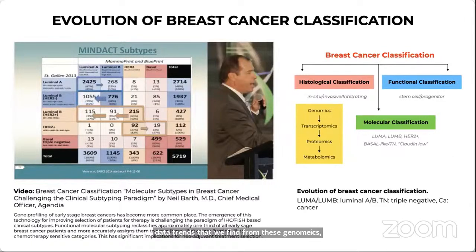To give you an example, in addition to the existing PAM50 classification and histological classification of breast cancer, we now have a separate set of molecular classifications that characterize breast cancer in terms of luminal A or luminal B, basal-like, normal-like, or Claudin-low, etc.